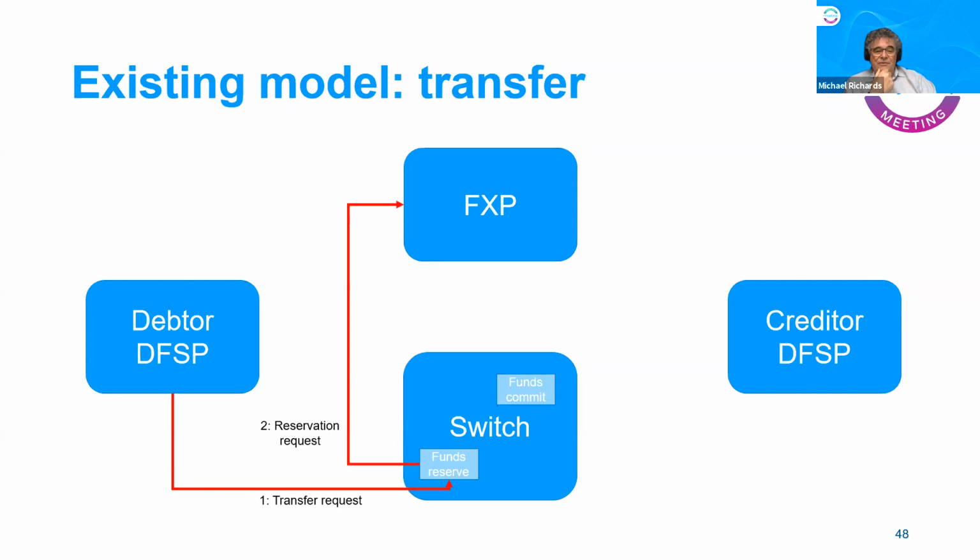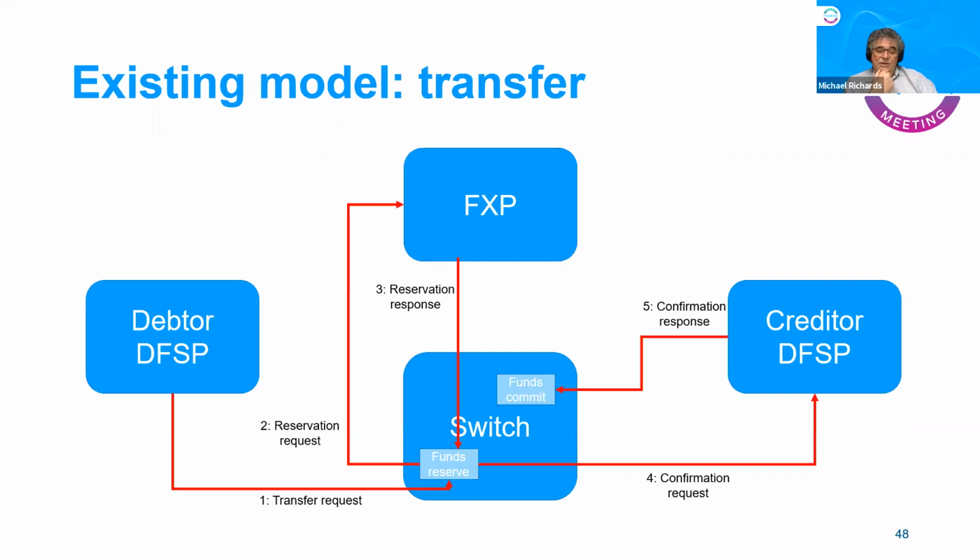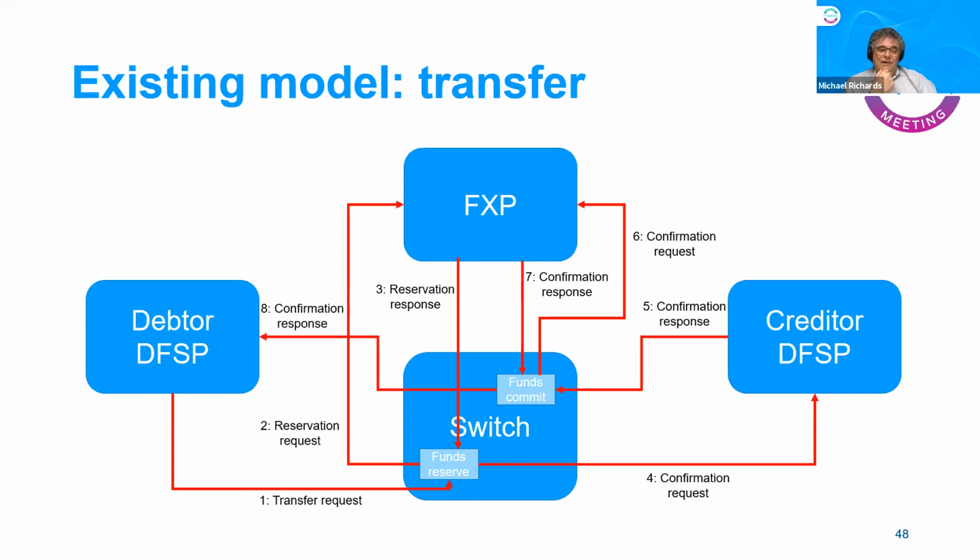Then it goes to the FXP with a reservation request. The FXP responds and funds are reserved for the FXP. Then it goes to the creditor DFSP for confirmation. Then it goes back to the switch with a confirmation response, back out to the FXP for a confirmation request, back again for a confirmation response, and finally, we go back to the debtor DFSP.